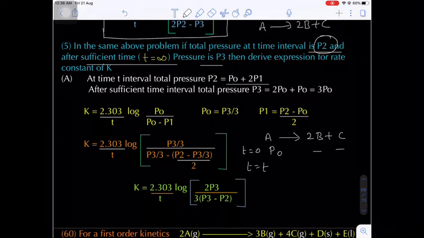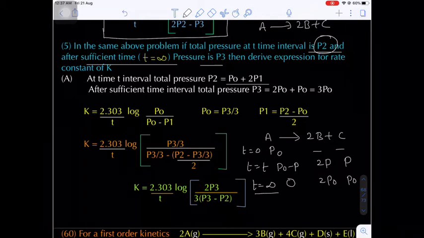At a certain time interval T, let's suppose P atm pressure decomposes from A. So the left partial pressure of A will be P0 minus P, the partial pressure of B will be 2P, and C will be P. Now after sufficient time of interval, what happens? The reactant is completely consumed. Whatever reactant is there will be converted into products in the 2:1 ratio. So the final pressure of the products will be 2P0 for B and P0 for C. Are you getting my point?